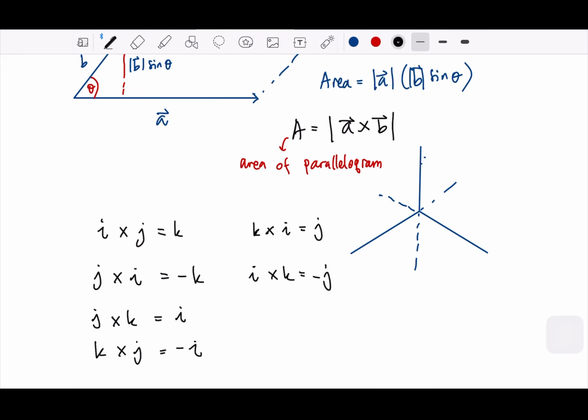Or K cross I, from Z to X. It's going here and going positive. Similarly, if you reverse it, you'll go to the negative part. Okay. I think it's better to just use your right hand. This is just to remember that if you have I cross J, and if you compare with J cross I, it's not equal in cross product.